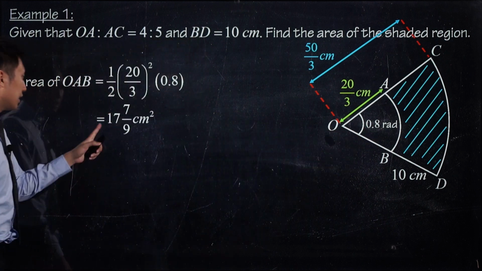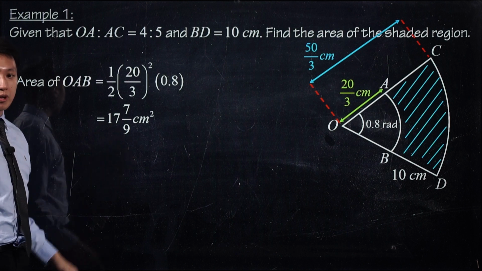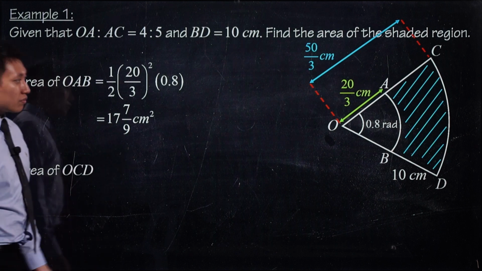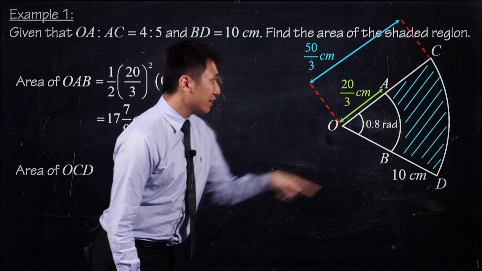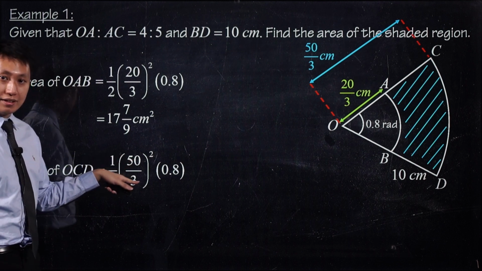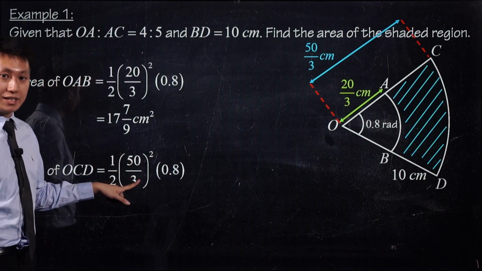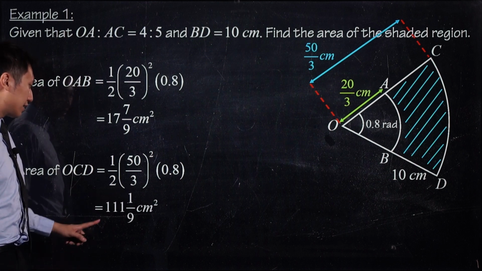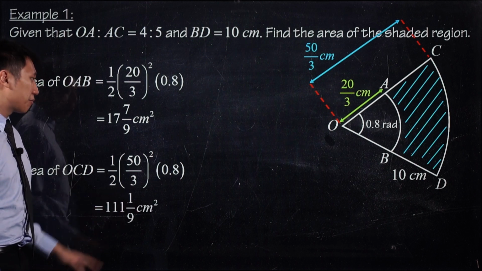So it is 709 cm squared. For the area of OCD, the radius is 50 over 3 cm. We found it in the previous slide. So we get this one, and the answer is 109 cm squared.